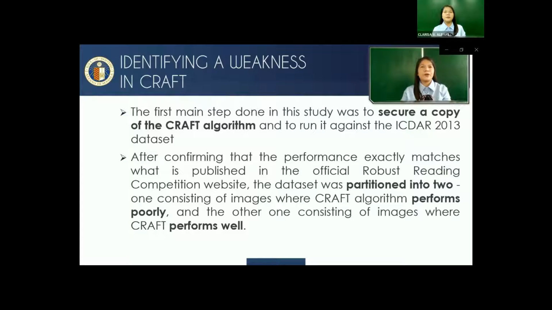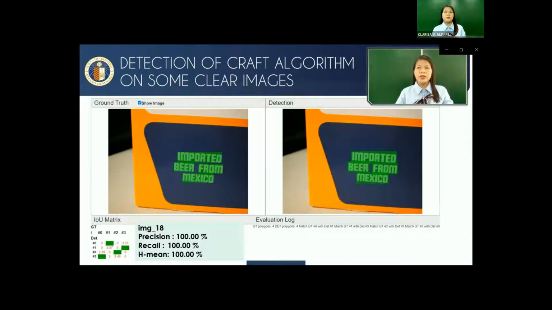After confirming that the performance exactly matches what is published on the official Robust Reading Competition website, the dataset was partitioned into two, one consisting of images where the CRAFT algorithm performs poorly and the other consisting of images where CRAFT performs well.